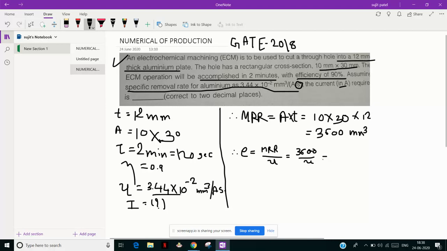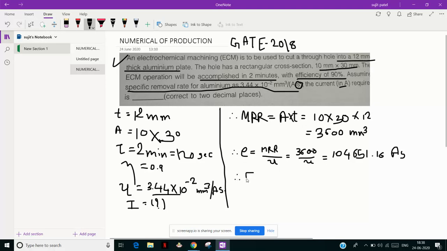I'm not writing repetitively, so while calculating, we have found that it is 104651.16 ampere into second. This much energy is required, but here we have given efficiency is 90%.